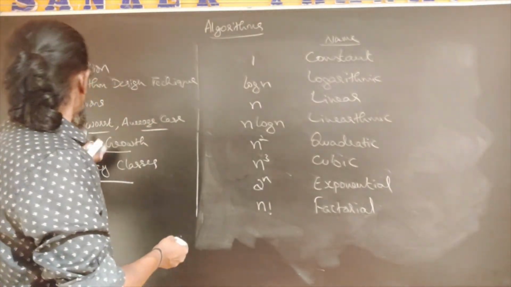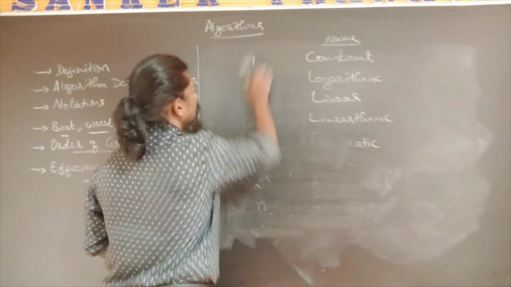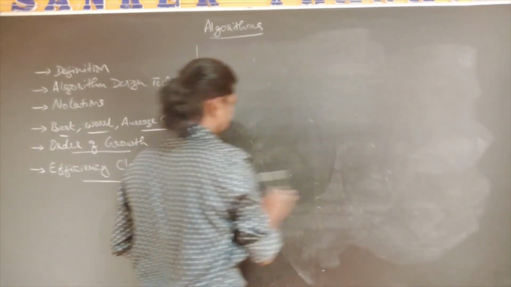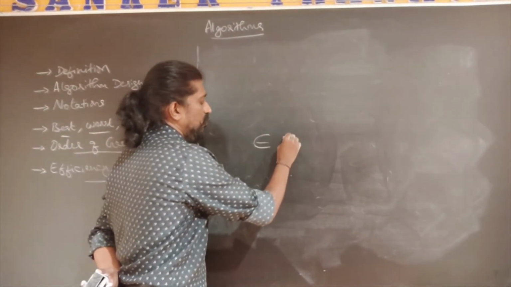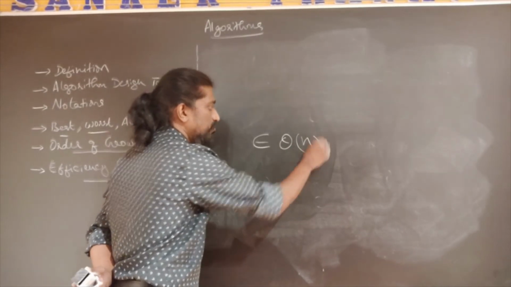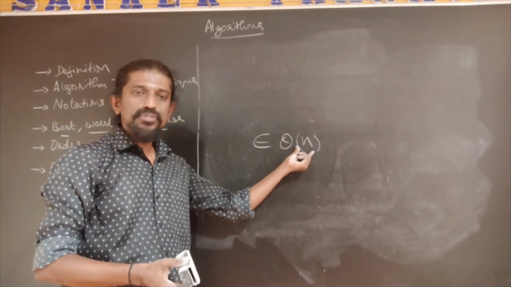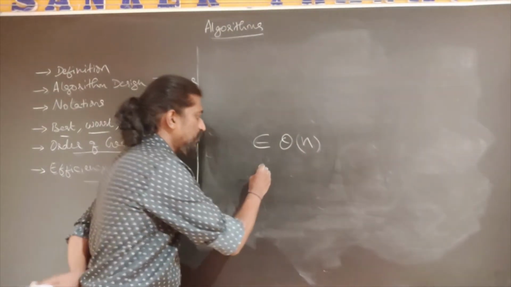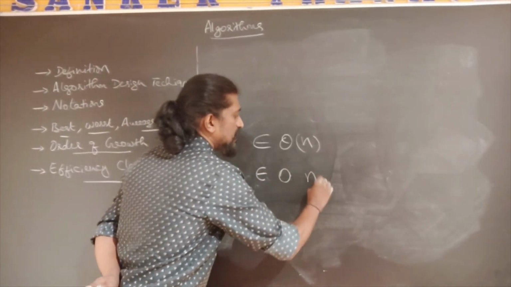Whenever we talk about the efficiency of a new algorithm that we have developed, we will say the efficiency of the algorithm belongs to theta of n. It means that on average, this algorithm is almost the same as the linear curve. Or we may say the efficiency belongs to O of n squared.